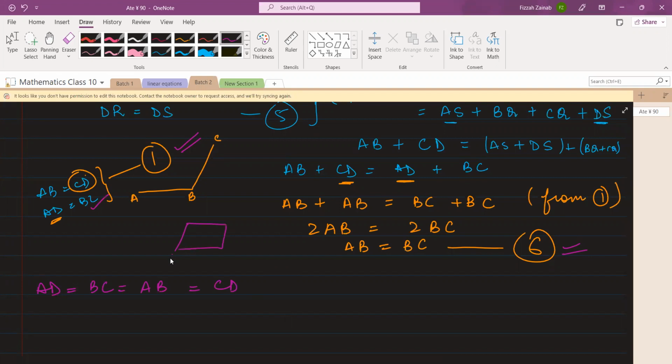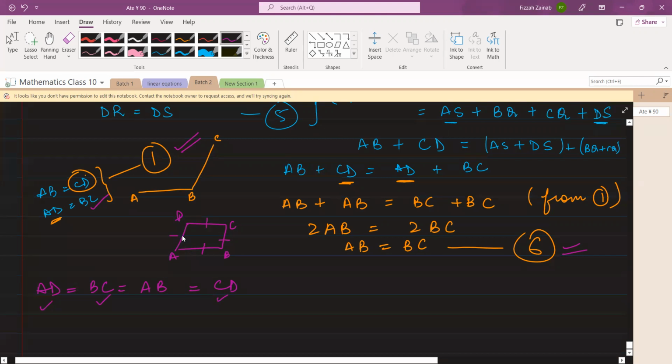So this was your rhombus ABCD. I have got AB is equal to BC is equal to CD is equal to AD. So all the four sides are equal.